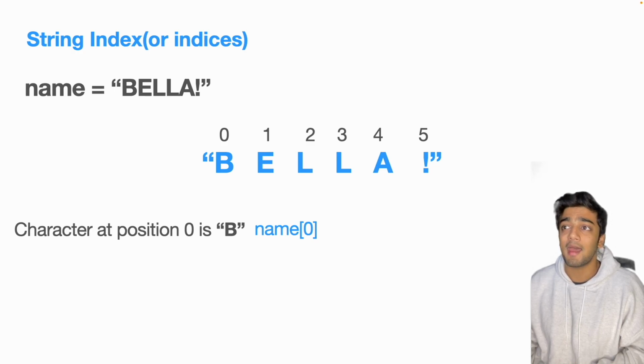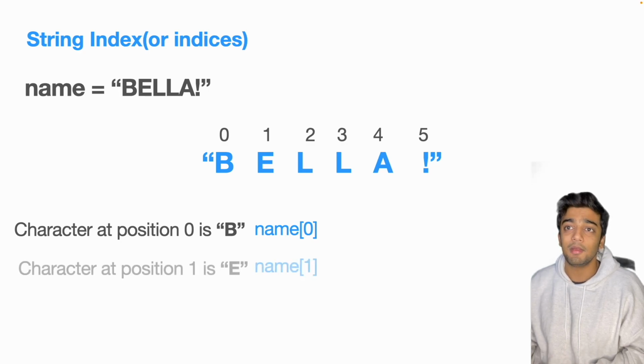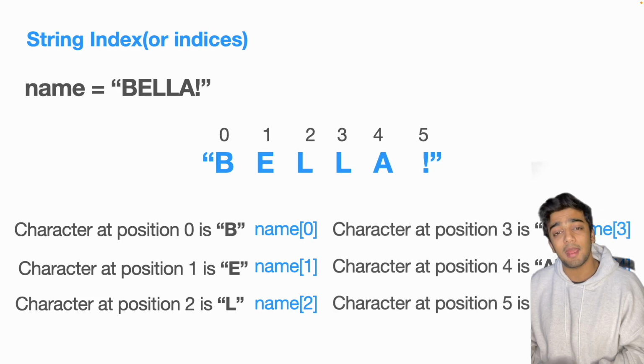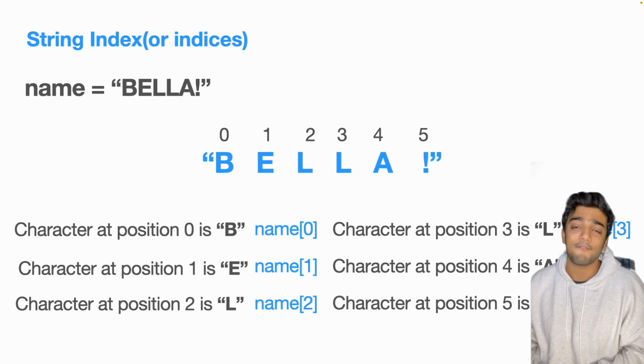So name at position 0 is B, or another way to say this is the character at position 0 in the variable name is B. Similarly, E would be name at position 1, and L would be name at position 2. The next L would be name at position 3, the A would be name at position 4, and the exclamation point would be name at position 5.